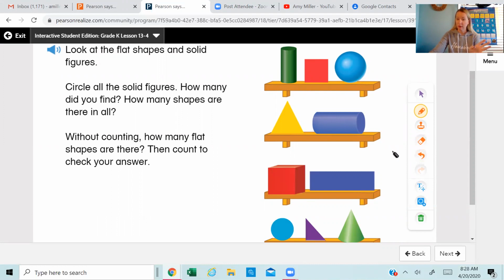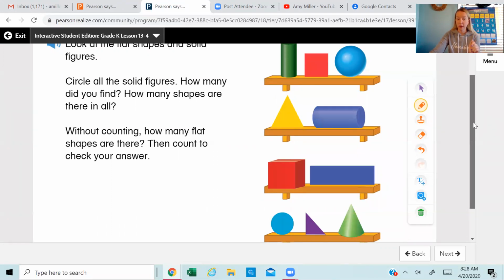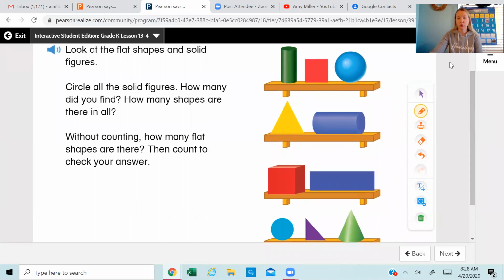The sphere is kind of difficult. Let's see if we can figure it out. I'm going to give you a minute to see if you can circle all the solid figures. And how many are there? You try first for a minute. Circle the ones that are solid, are not flat.